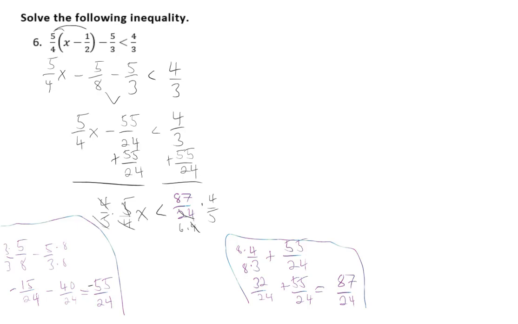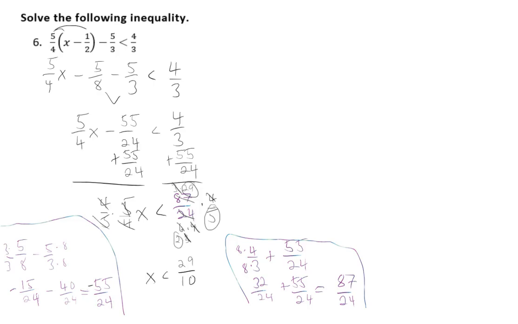And I can cancel out those 4s. 87 is 3 times 29. And there's a 3 and 6, so 6 is 2 times 3, so I can cancel out those 3's. All I have left on top is this 29. All I have on bottom is 2 times 5, so this is x is less than 29 over 10.